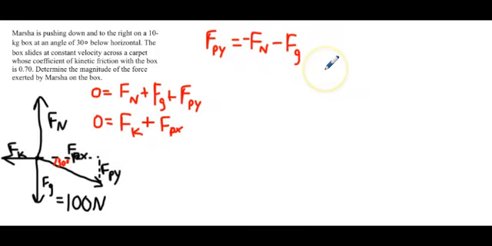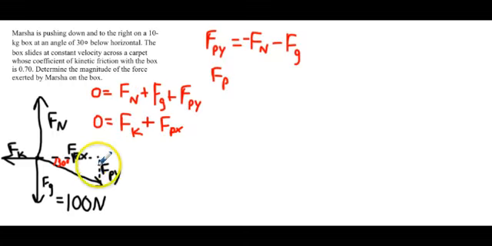Alright, so now I'm going to plug in some stuff that I know here, at least one thing I know. So the FPY, if I did some trig with this, would be equal to the regular F push.